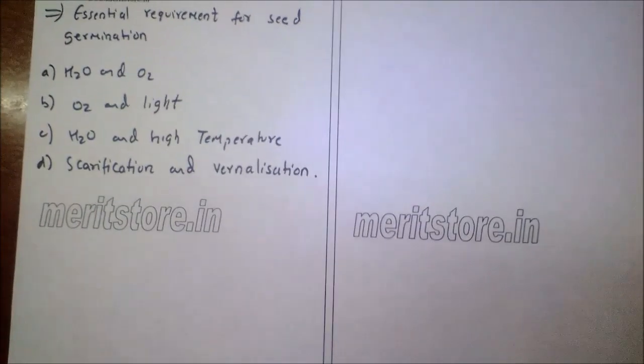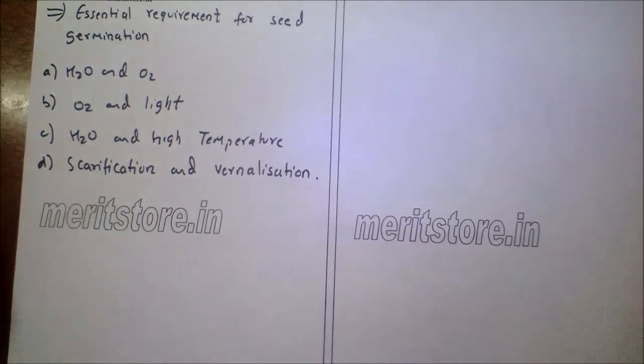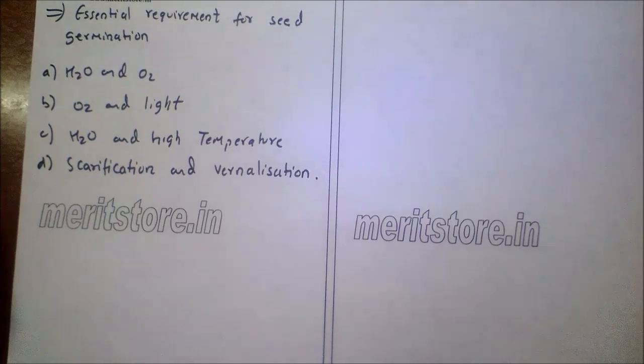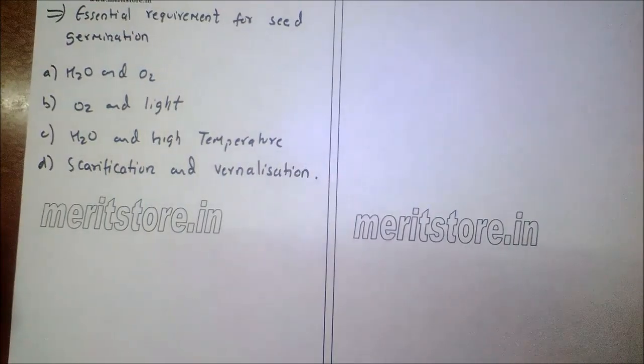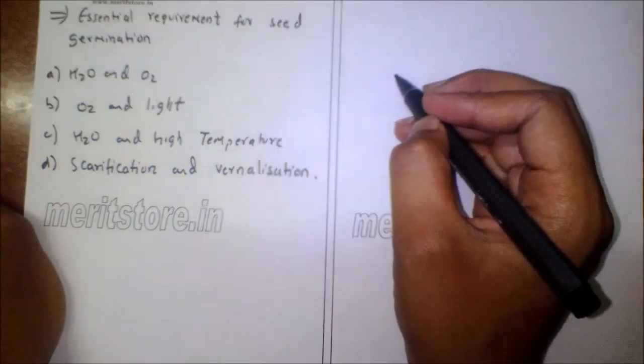Essential requirement for seed germination: A. water and oxygen, B. oxygen and light, C. water and high temperature, D. scarification and vernalization. So water is of primary importance in germination.